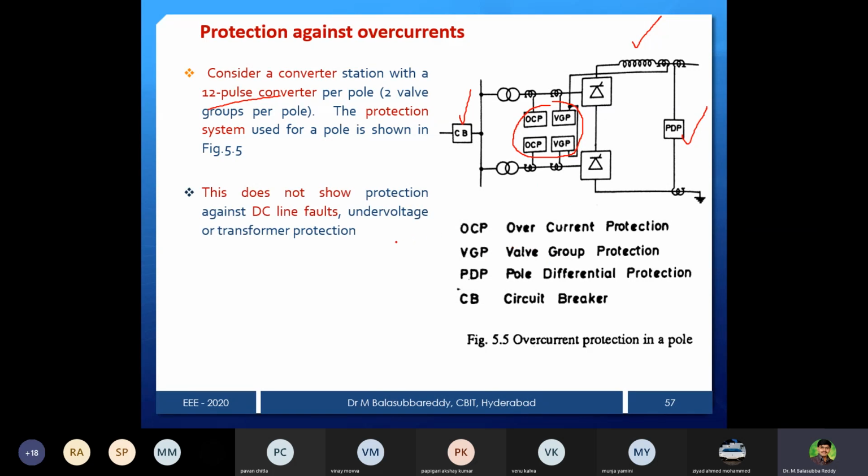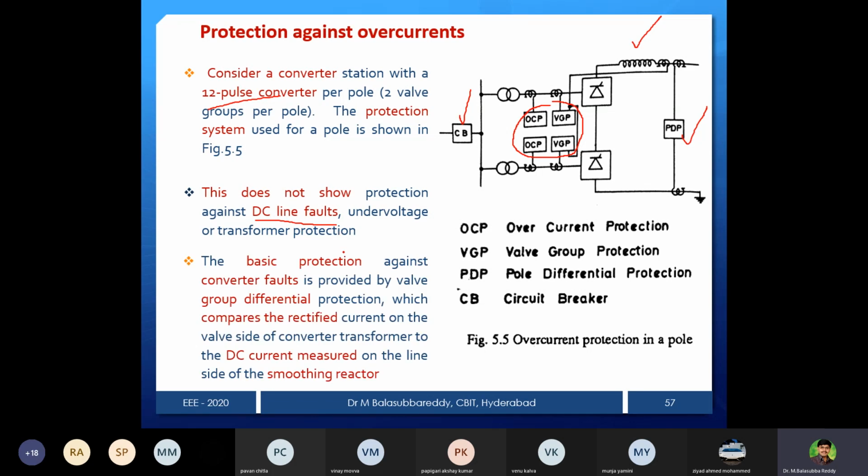This does not show protection against DC line fault, but there is an under voltage or a transformer protection also there. The basic protection against converter fault is provided by the valve group differential protection.